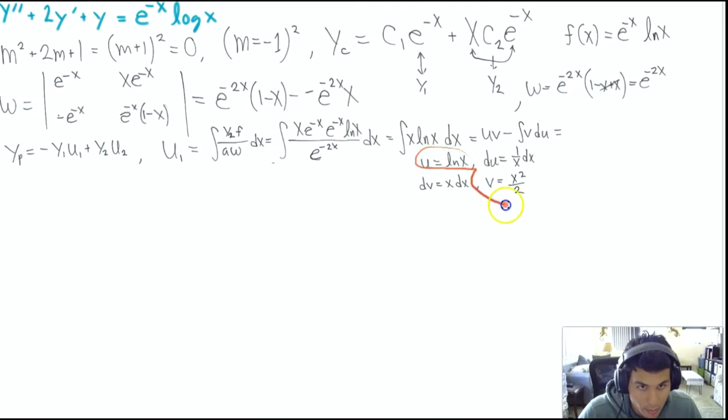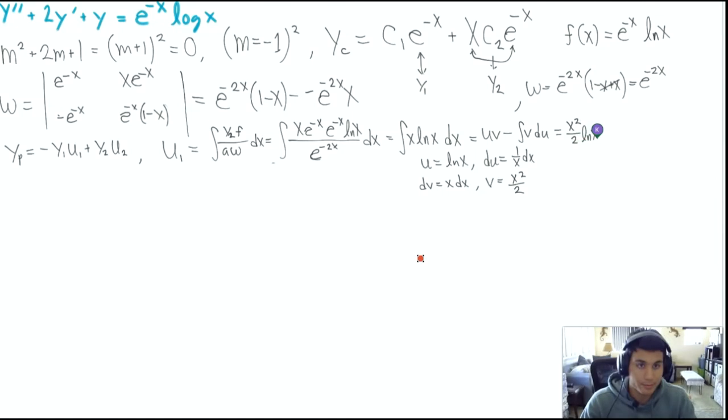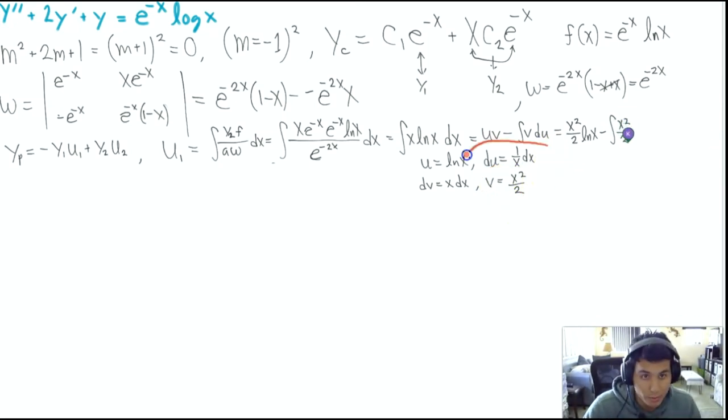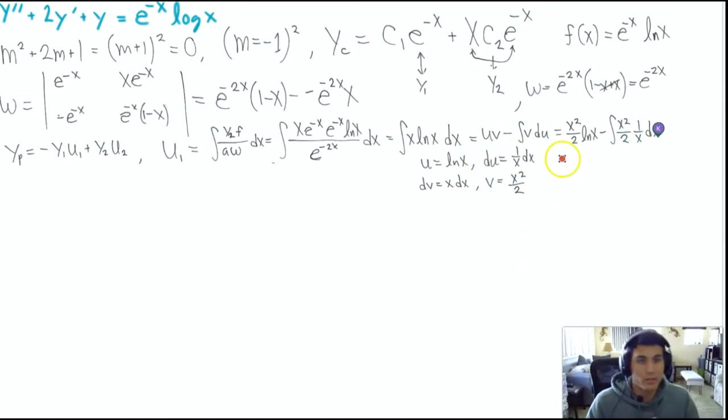So u times v is x squared over 2 ln x, minus the integral of v du. What is v? v is this. And what is du? du is this. I'm going to do all of this right over here. Again, remember that this is equal to u1.